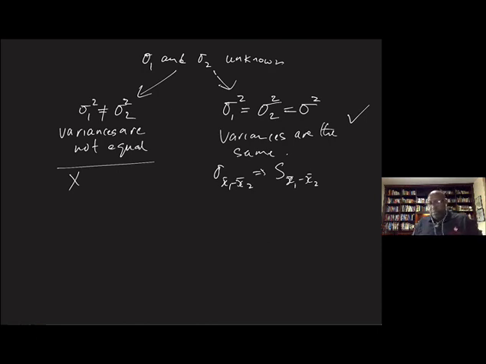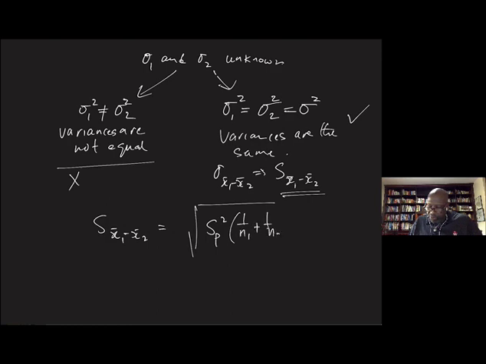It turns out that what we will use for our standard error, so we will actually have s x bar 1 minus x bar 2, will be given by the following formula. Sp squared times 1 over n1 plus 1 over n2. So that is what we will use as the standard error.